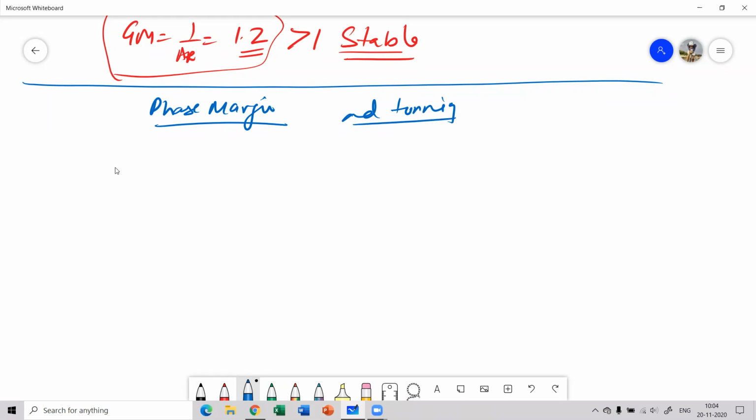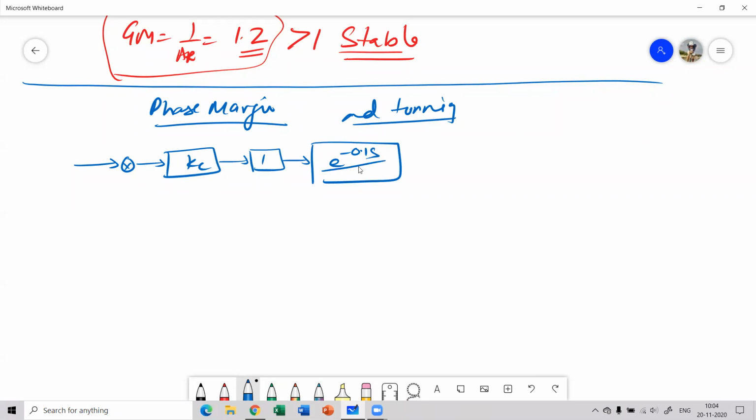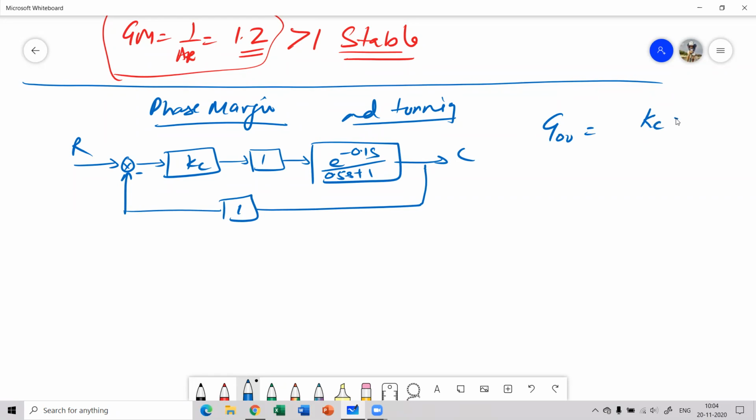Now we already know the system, which is Kc times e raised to power minus 0.1s over 0.5s plus 1, with a negative feedback. So we know that the overall transfer function is Kc e minus 0.1s over 0.5s plus 1.